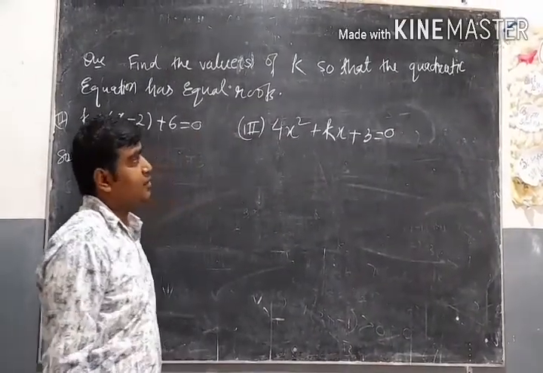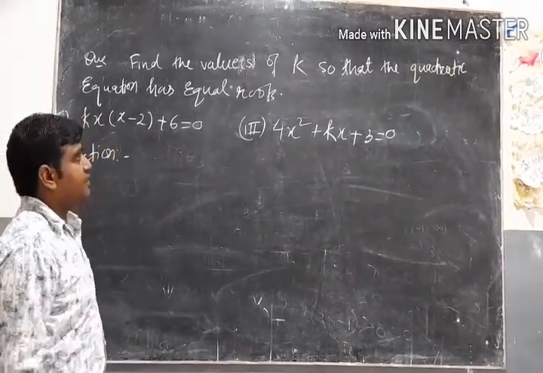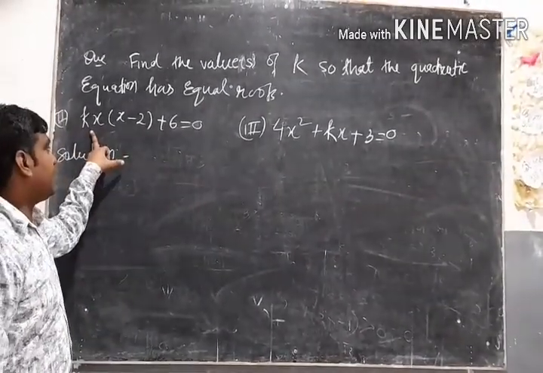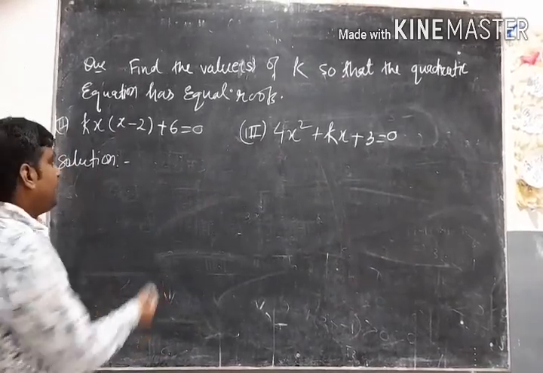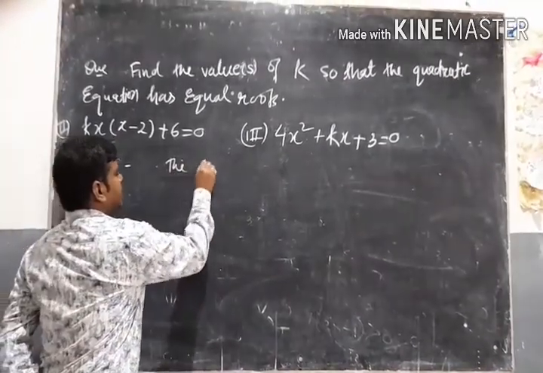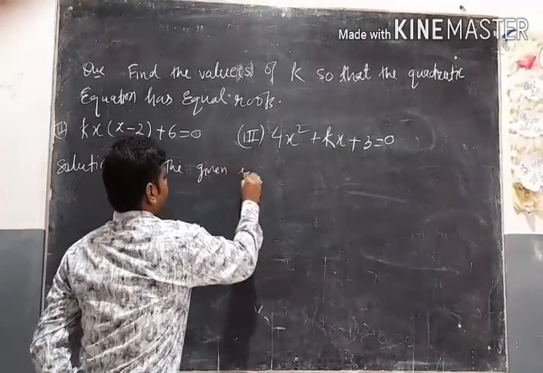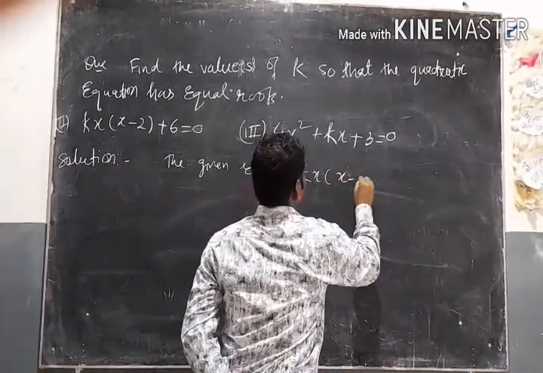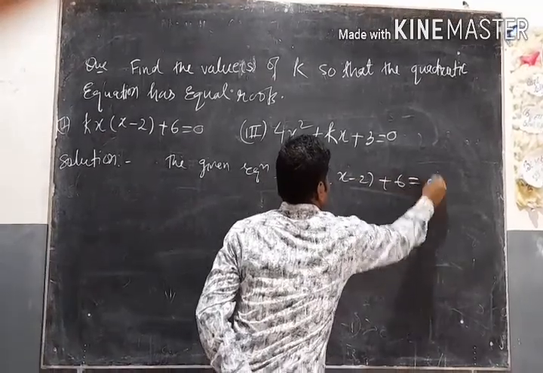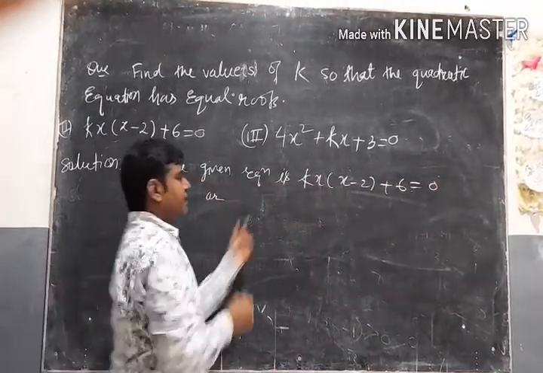Find the values of k so that the quadratic equation has equal roots and the equation is kx into x minus 2 plus x equal to 0. Now, first we have to write the question. The given equation is kx into x minus 2 plus x equal to 0. Open the bracket.